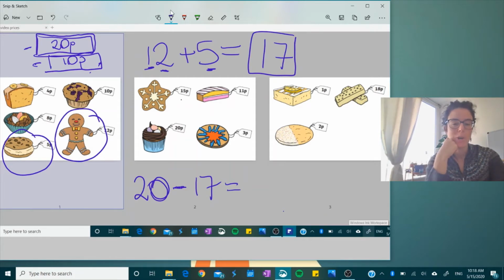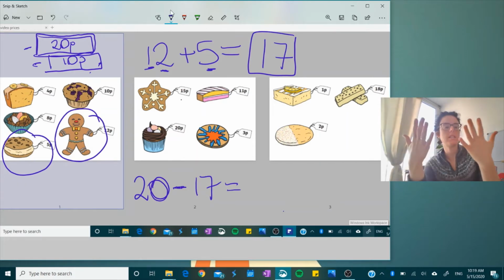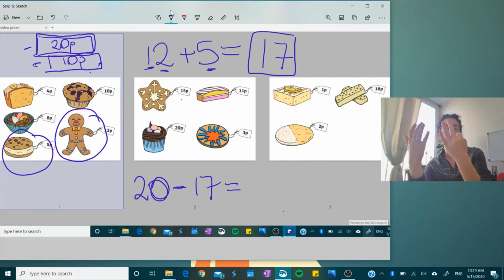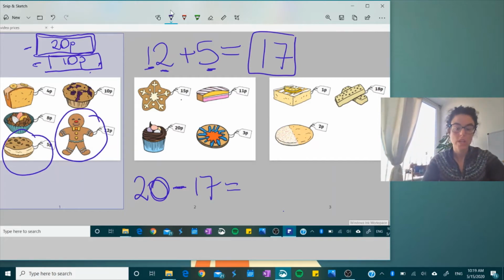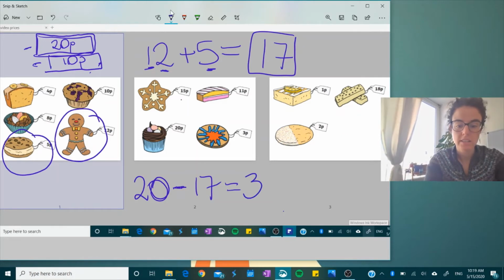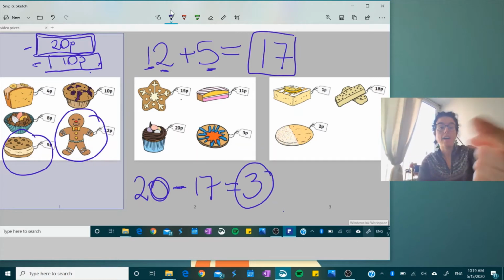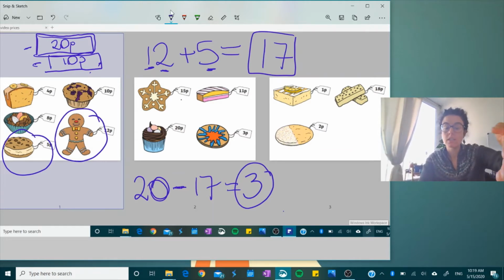Do you remember your bonds to 20? Can we count backwards? Let's see, we have 20, 19, 18, 17. So it's 3. We need to take away 3 to get to 20. So this means that my change, you have to give me 3p back because I gave you more than the original. Okay?